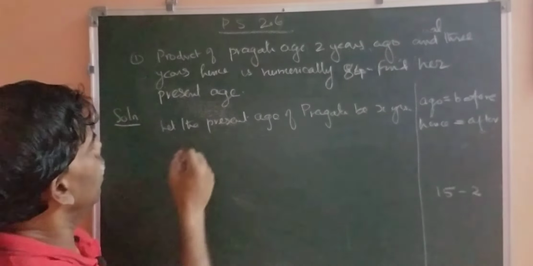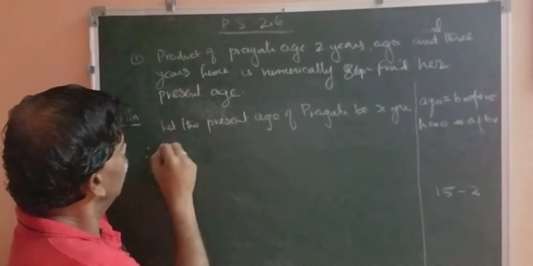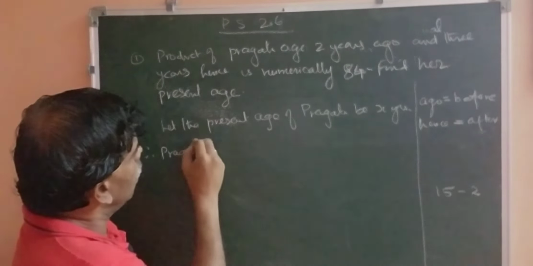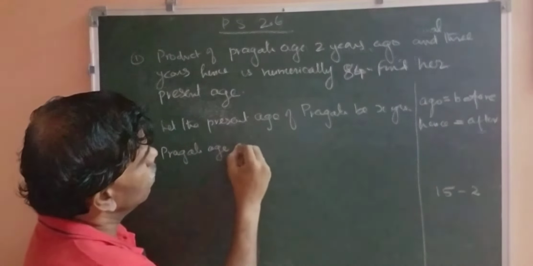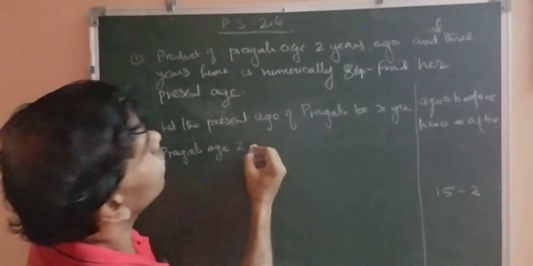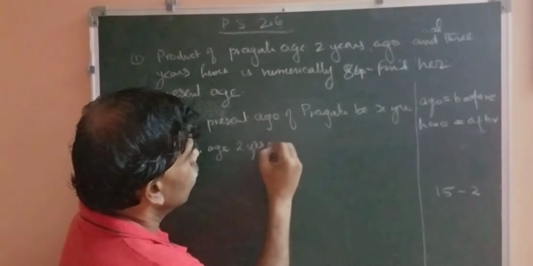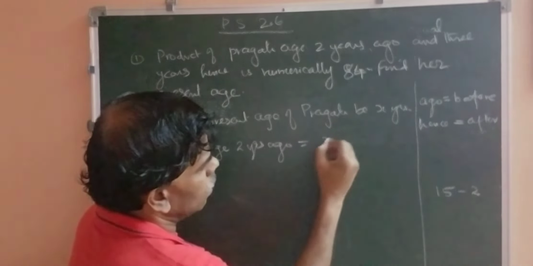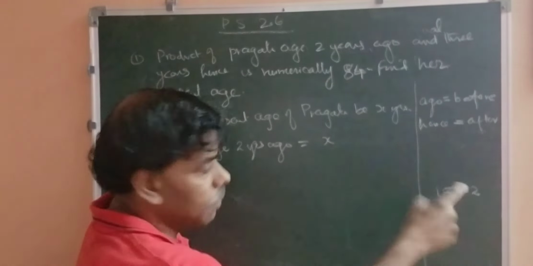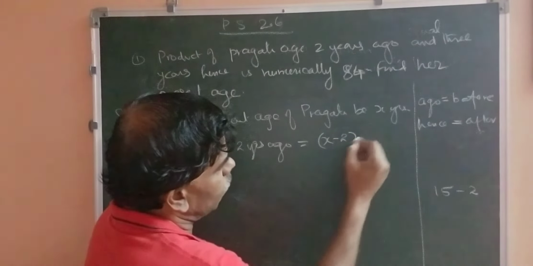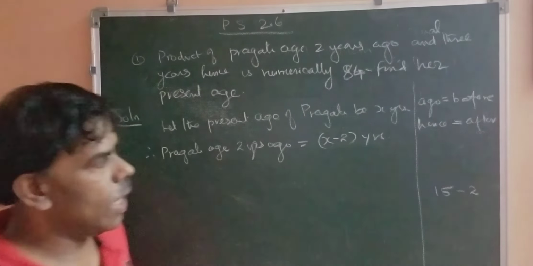Right? So here, therefore, Pragati age 2 years ago equal to, you have to subtract. Okay.